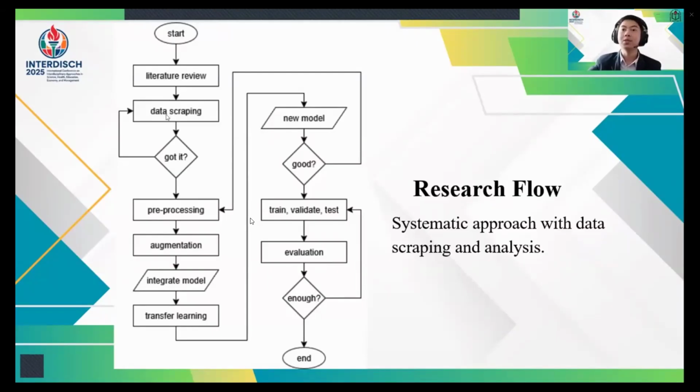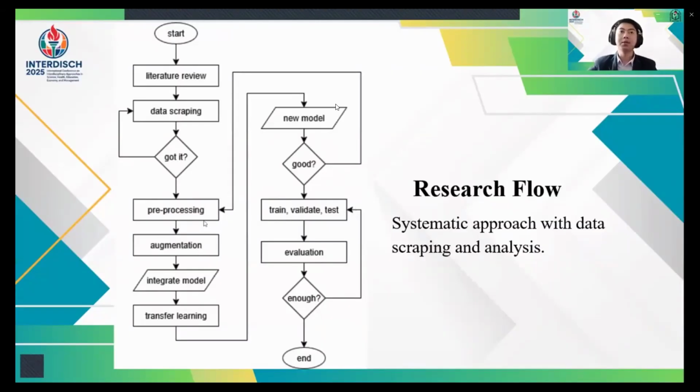And then I did the pre-processing, augmentation, and the rest of the process in Google Colaboratory. I did not use the Roboflow app for pre-processing except for the auto-rotate and the splitting into train, validate, and test.